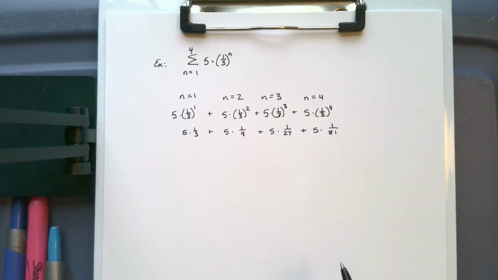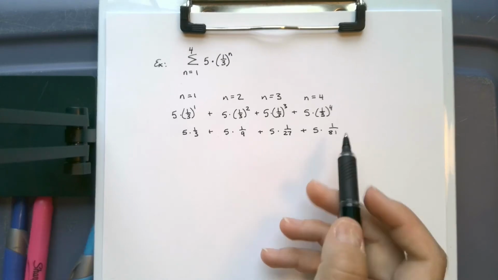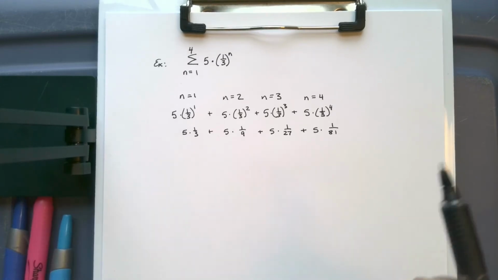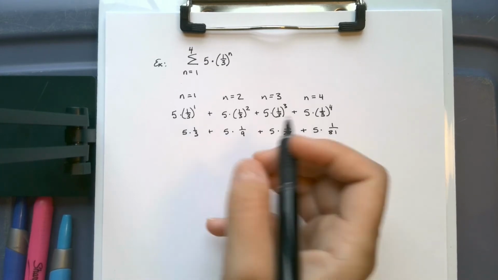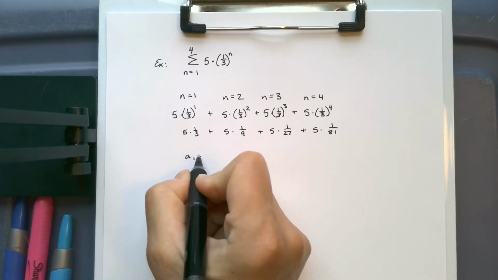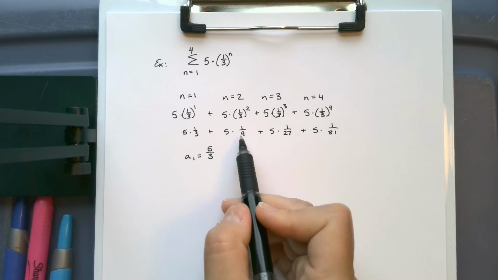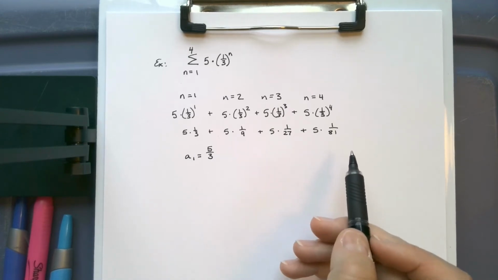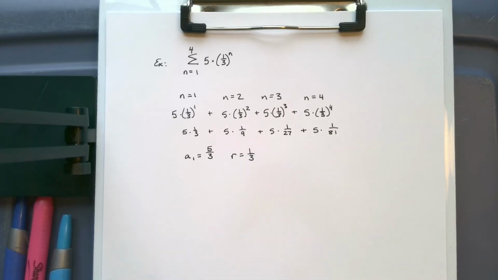If you notice, each time you've got a 5 in front, and the ratio, the thing that's changing each time, is that 1/3. So what we're really saying is, my first term is going to be 5/3, but each time I'm multiplying in between each term by that 1/3 change.